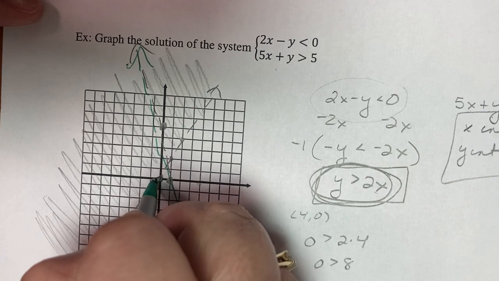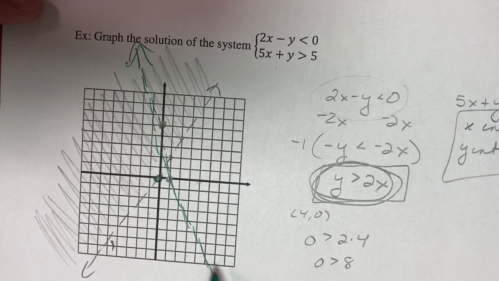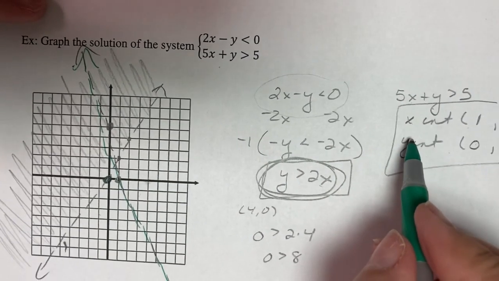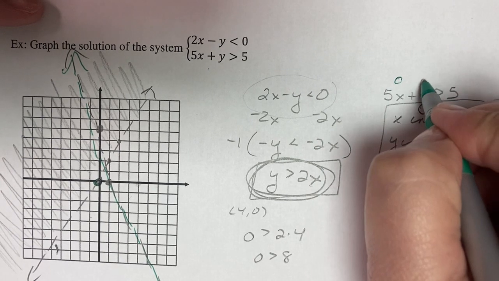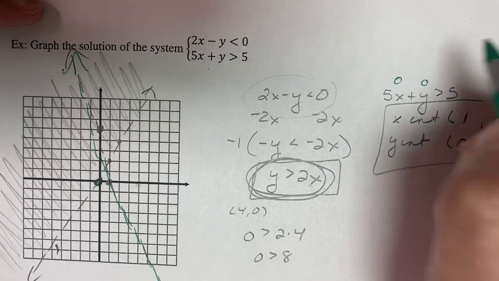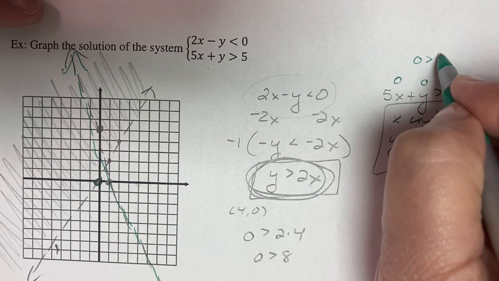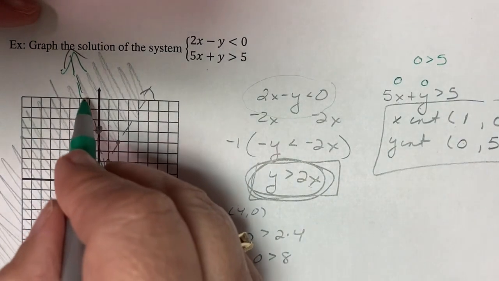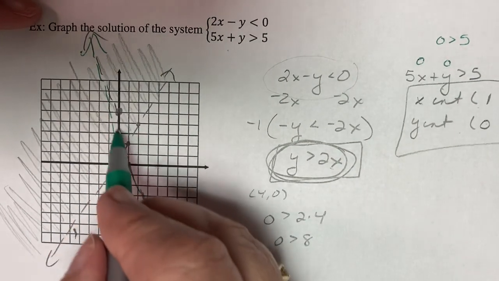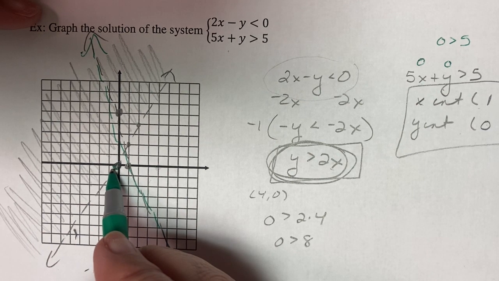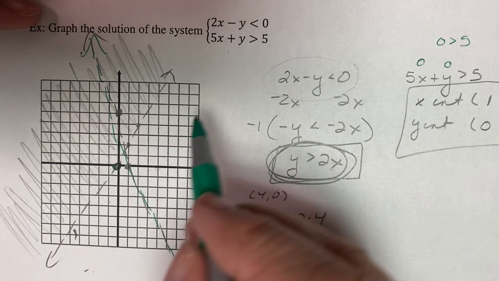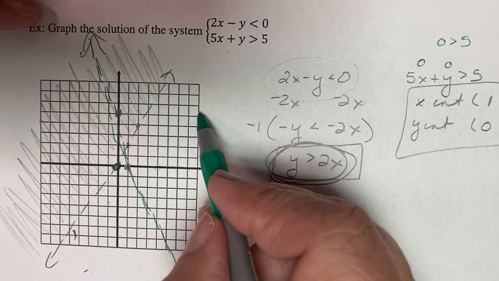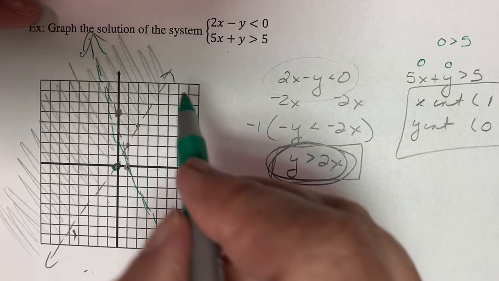I can pick 0, 0 for my test point for this line because that line does not go through 0, 0. So if I go to my inequality and plug 0 in for x and 0 in for y, it says 0 is greater than 5, which is not true. So that means if I'm looking at this line, 0, 0 is not part of the solution, which means I'm going to shade the other part of the line. So at this point, let's just shade where the 2 shadings overlap.